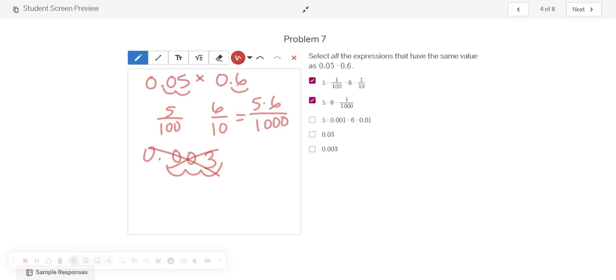Okay, I get it. I end up with 3 decimal places in the answer, but it's because 6 times 5 is 30, and then I go 1, 2, and 3. The decimal point would be right there, which is 0 and 3 hundredths. 30 thousandths or 3 hundredths would be that guy right there.